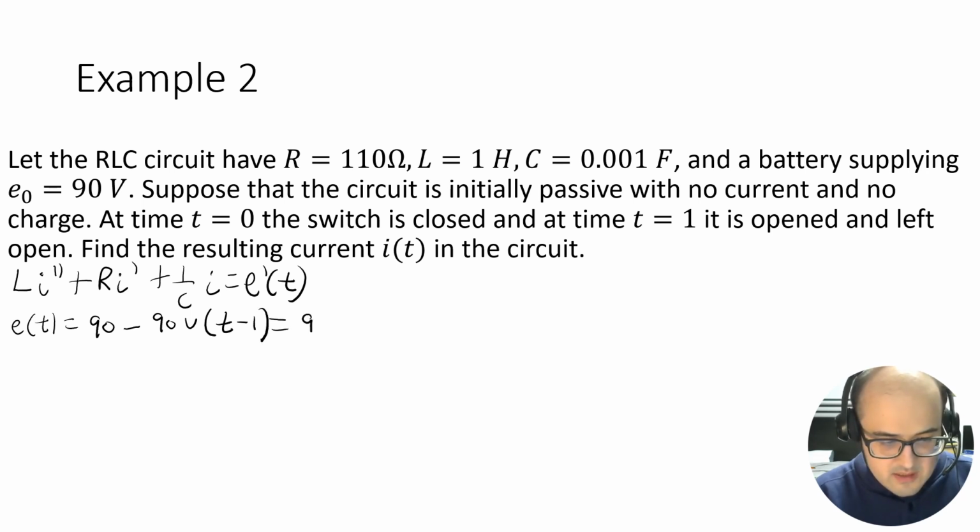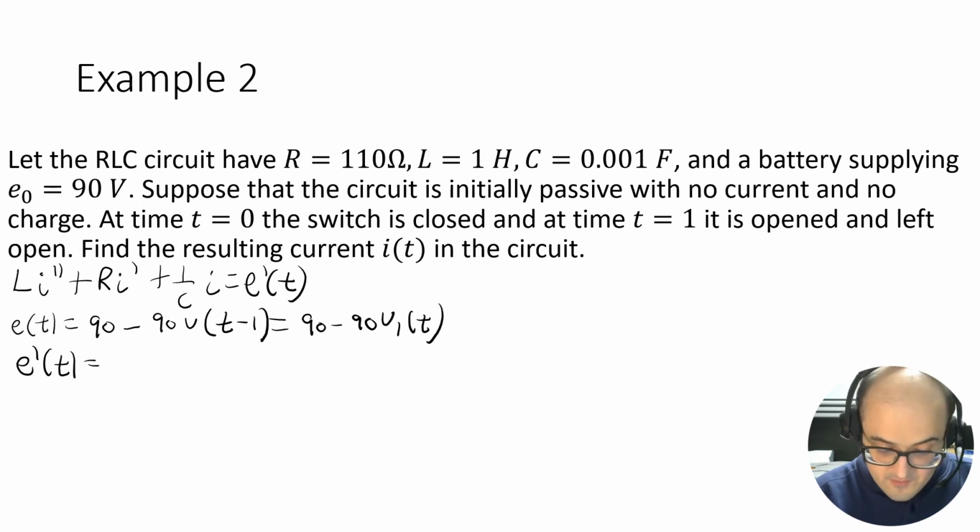So 90 minus 90 u sub 1 of t. So the first derivative of E is negative 90 times delta of t minus 1.